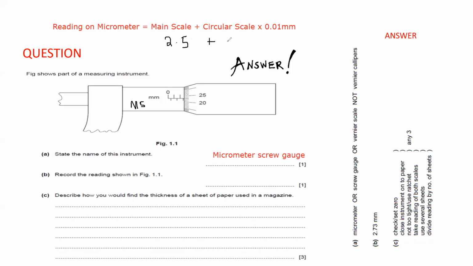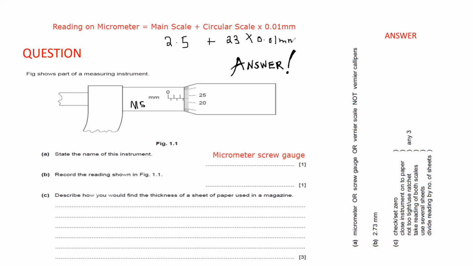Now what about the circular scale reading? Which line is coinciding with the circular scale? This is 20, 21, 22 and 23. For the circular scale, it is like a whole number, the number of the line. It's not in points, it's directly in number. So it will be 23, multiplied by 0.01. First, always do multiplication.